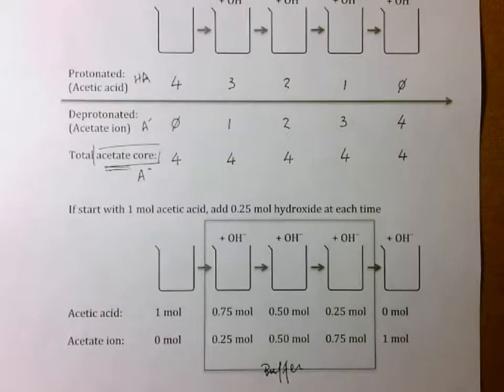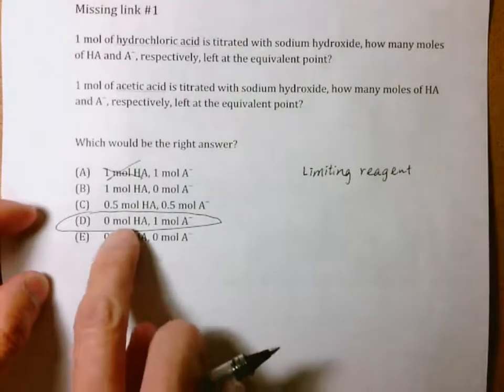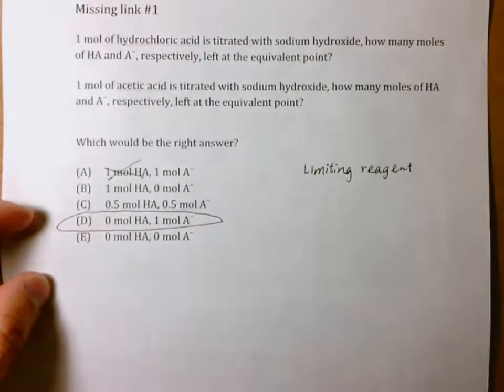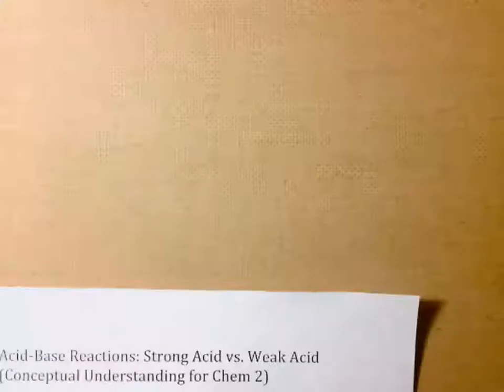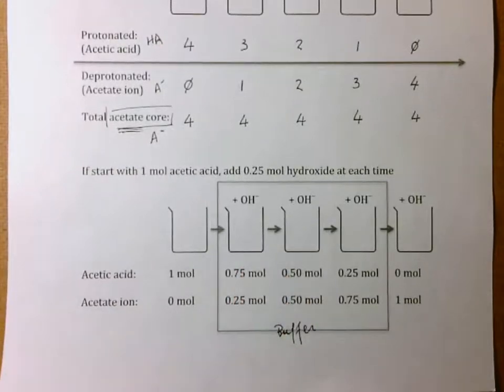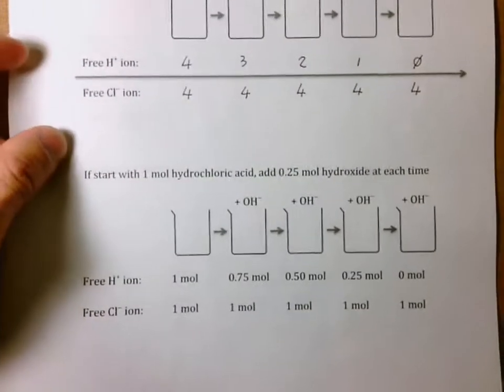This goes back to the earlier question. It's missing link number 1. At the end of the reaction, what do you have left? 0 HA, 1 more A minus. This is true for weak acid. This is also true for strong acid.